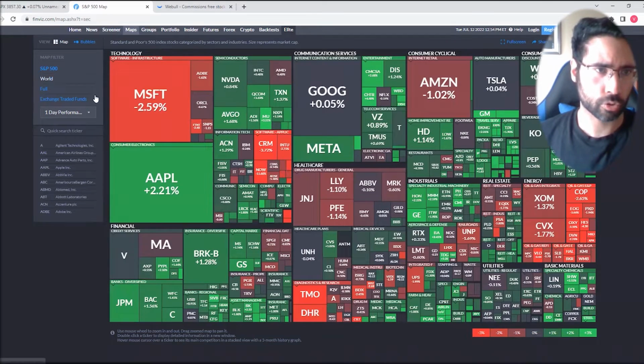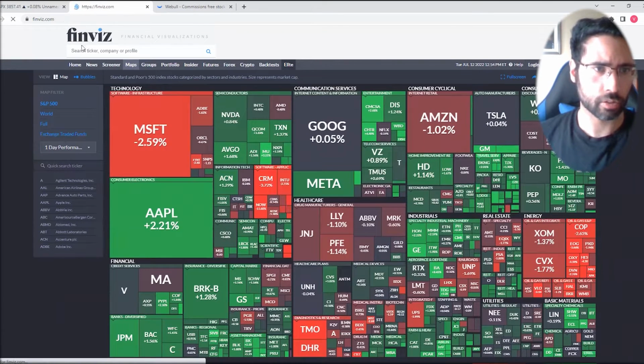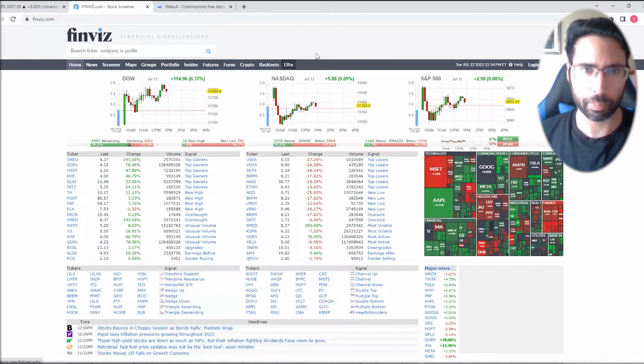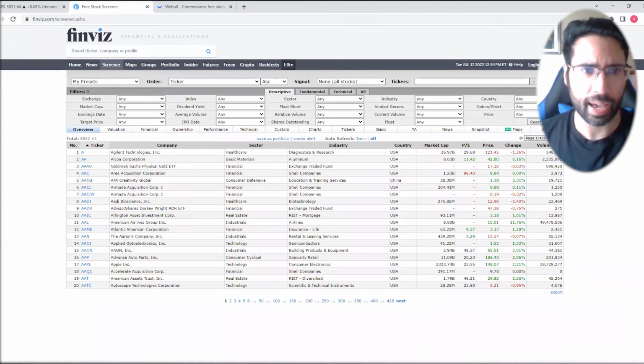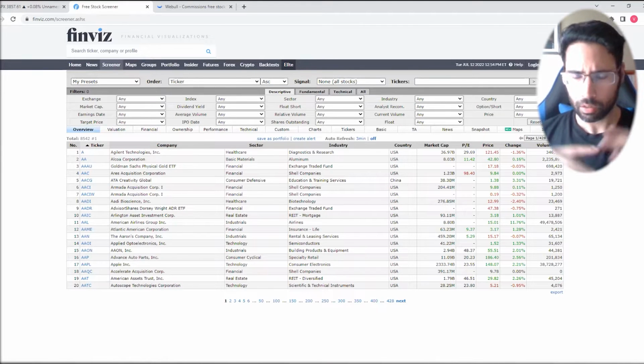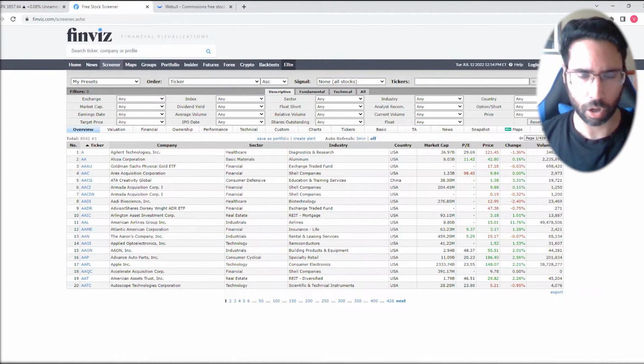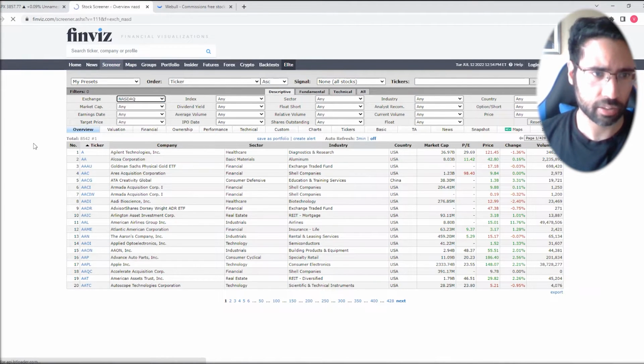So speaking about screeners, if you go to the home page, let's just make it easy, but this tab never disappears. You'll see the word screener here. So let's click on that, and you get something that's a bit more, I guess you could say, complicated, right? But let's just simplify it. There's a lot of inputs that you can add here for your screener. Let's stick with NASDAQ stocks.